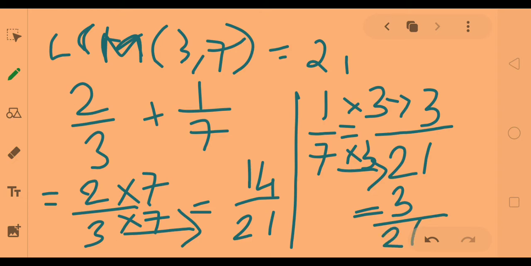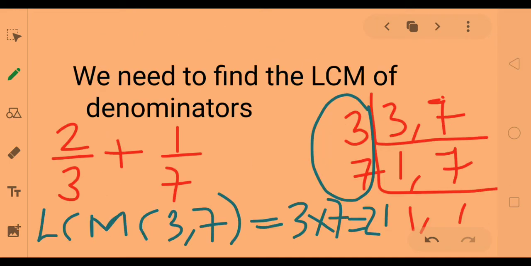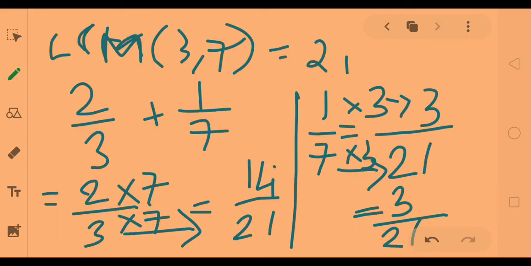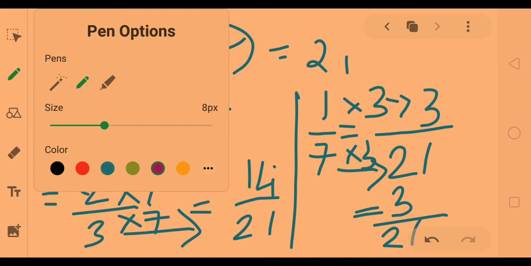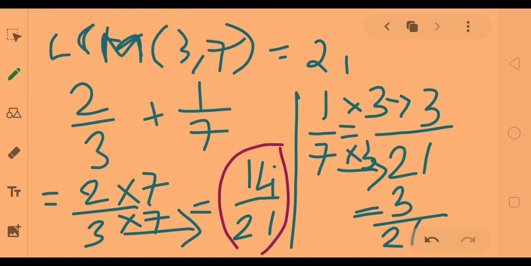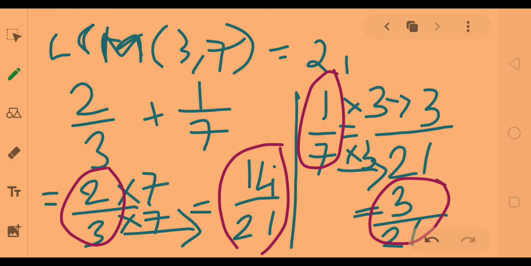So in place of 2 by 3 we replace 14 by 21, and we replace 1 by 7 as 3 by 21. So we will get two equivalent fractions with the same denominator.